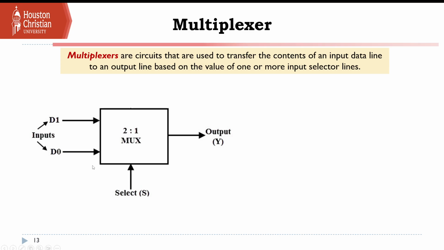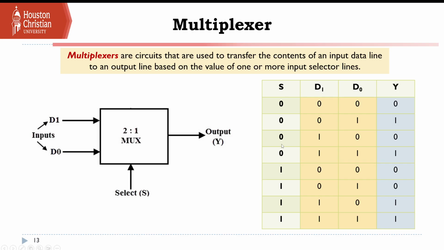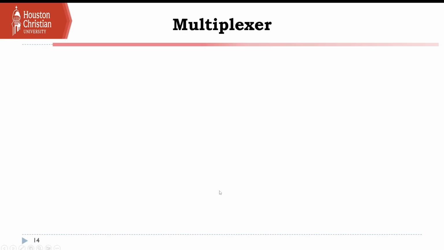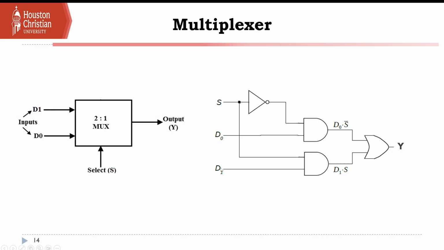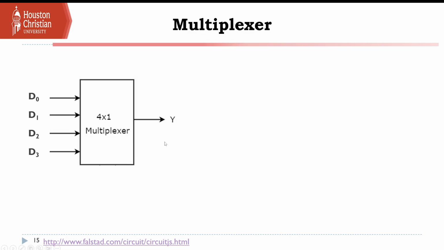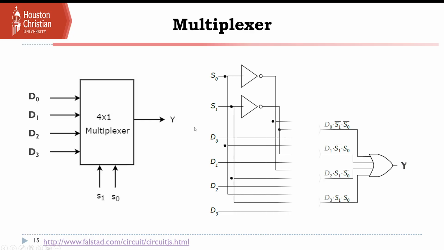So compared to the encoder and decoder, you have an extra thing: S, which is a selector, the inputs, and Y. So right here is a 2 to 1. With S, D0, D1, the selector chooses which input goes to the output Y. You could have a 2 to 1 or a 4 to 1; it's the same thing, but the only difference is in this case you have 2 selector lines.